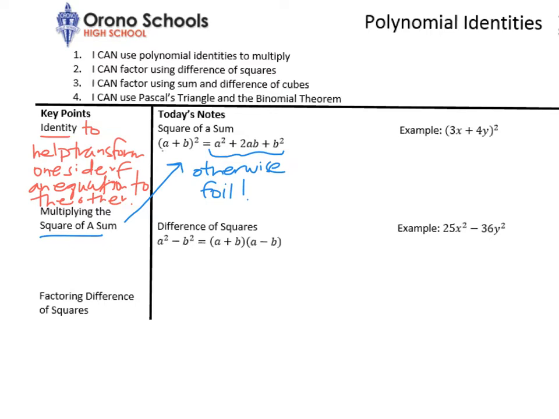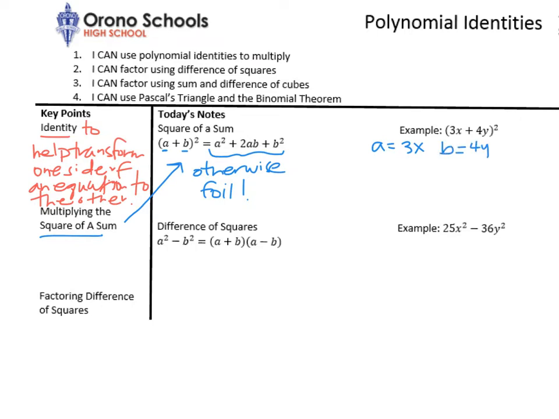If you know what A equals and you know what B equals, we're just going to plug it into this template. So our example on the right, we're going to multiply 3x plus 4y squared. So instead of FOIL, I know that A is going to equal 3x because that's what's written first, and B is 4y.